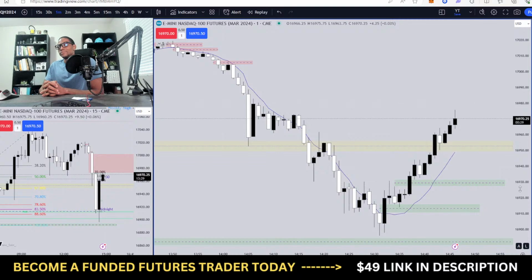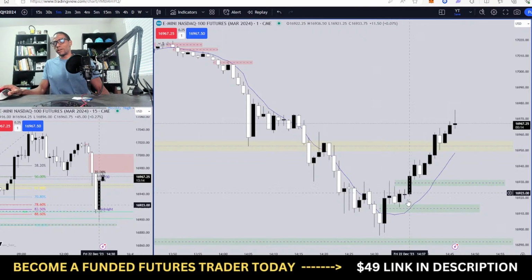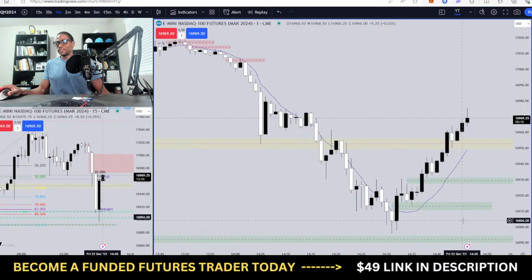What a trade. But let's also pay attention to the time. It's 2:30. A lot of times in the middle of the hour, for whatever reason, that's when you'll get price wanting to turn around, whether it's 1:30 or 2:30.